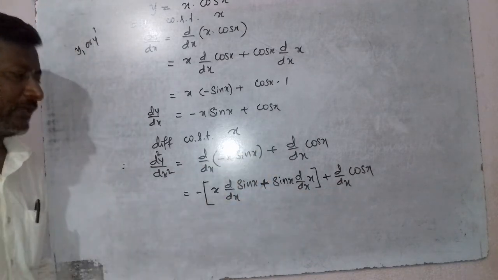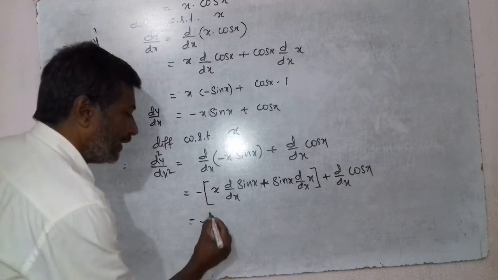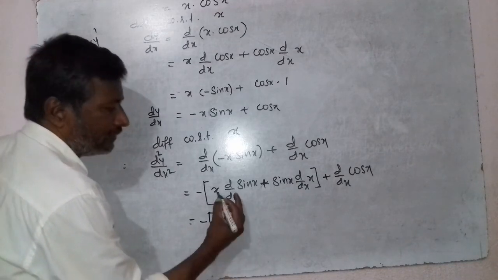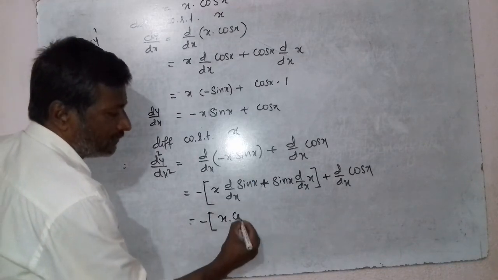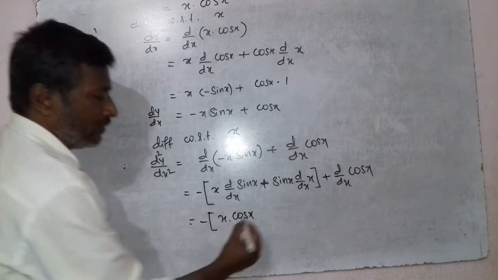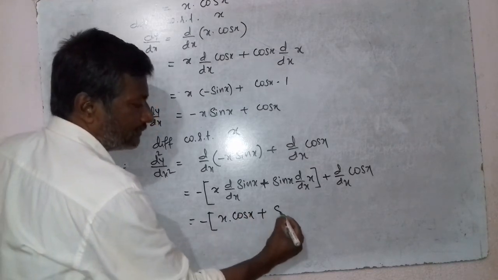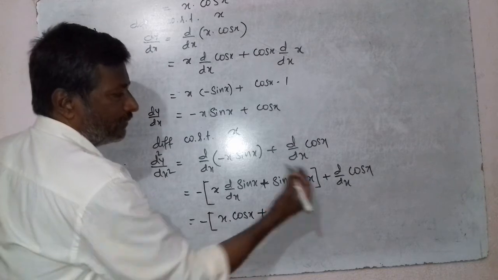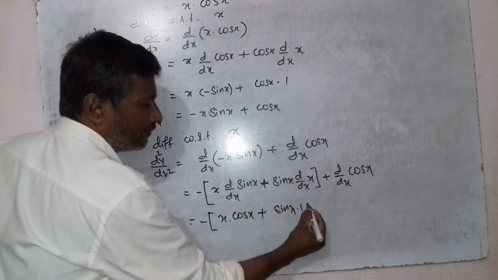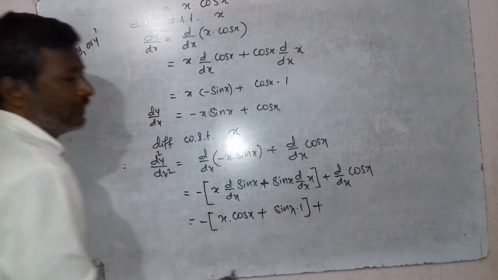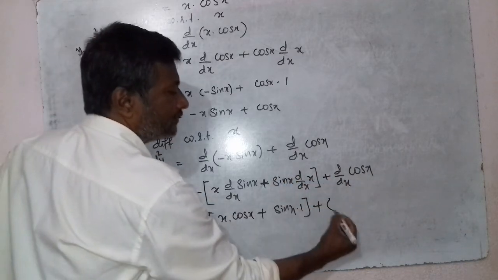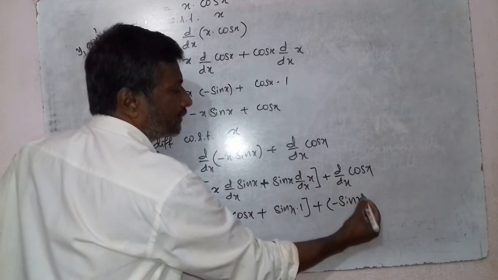So now take the derivatives. Minus into bracket x, derivative of sin x is cos x, plus sin x, derivative of x is 1, plus derivative of cos x is minus sin x.